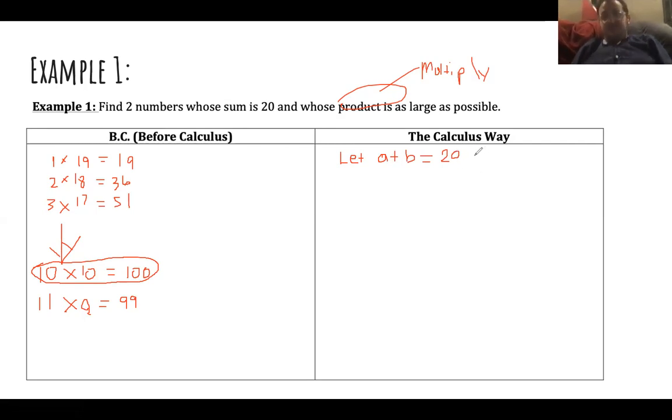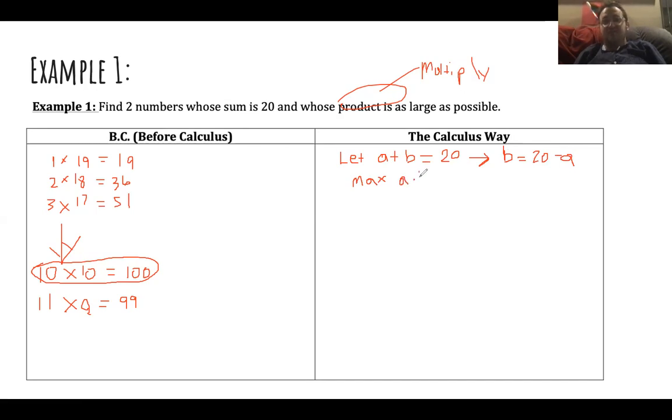We can also say here that B is equal to 20 minus A. With this equation, you're going to see why I'm going to do this in a minute. We want to maximize A times B.